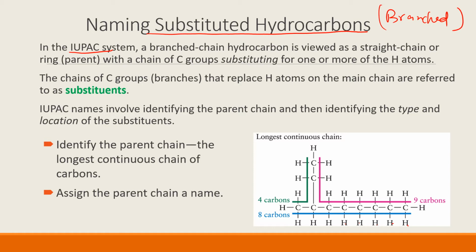In the IUPAC system, a branched chain hydrocarbon is viewed as a straight chain or a ring in which one or more hydrogens are substituted by a chain of one or more carbons, which are known as substituents. For example, we may have a straight chain hydrocarbon such as shown here.